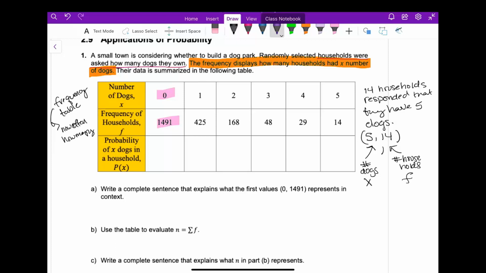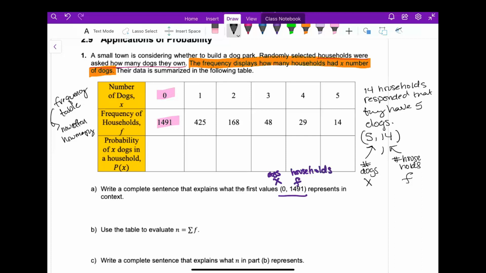So over here, this point that's being given to us, 0, 1491, then we know that this is dogs and this is households. And you're ready to write a sentence.